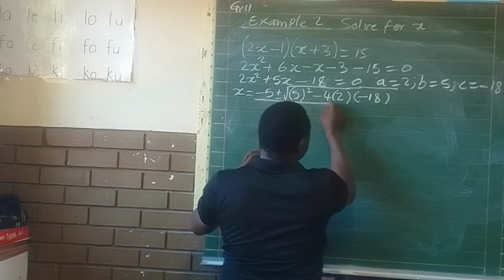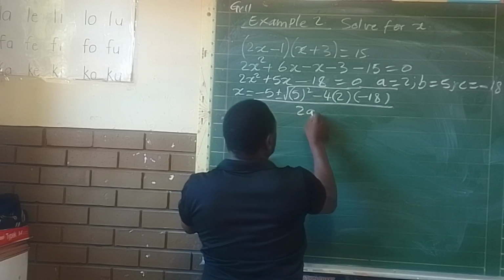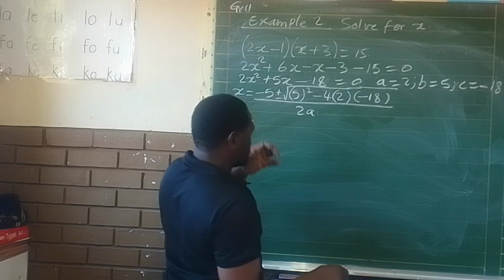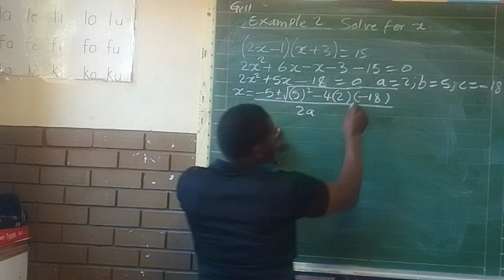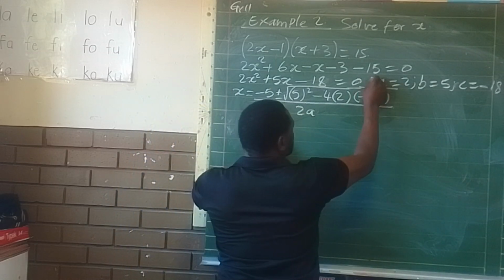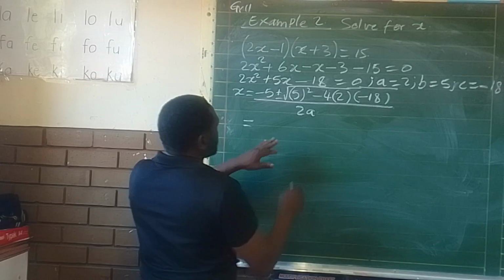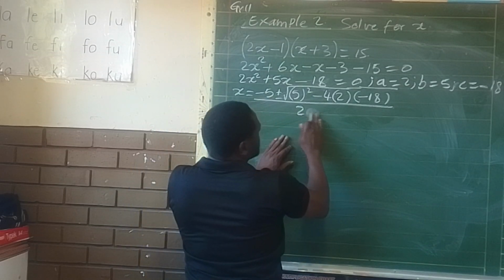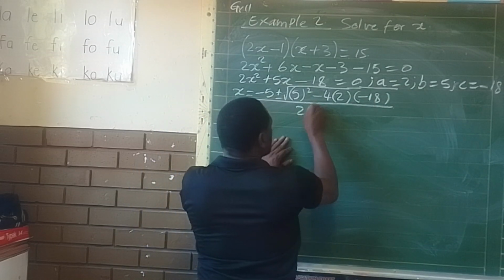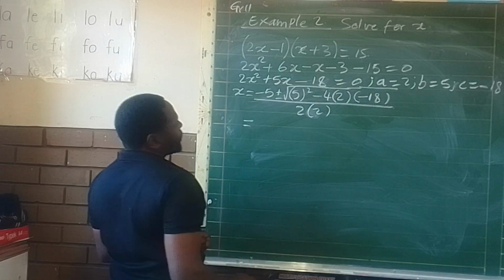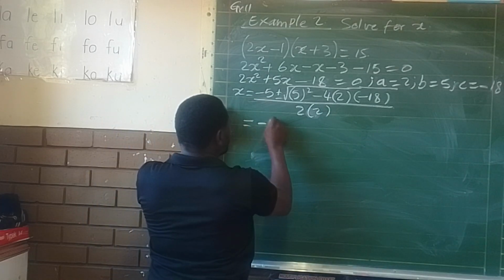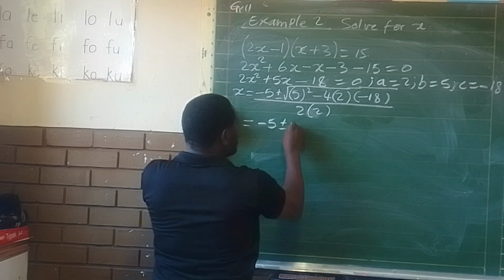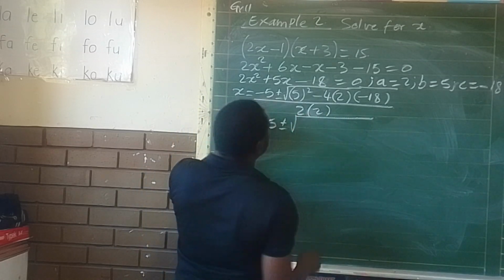All over 2a. Right? And then your a here is 2. Then this is 2. Now you have your minus 5 plus minus. Now you grab your calculator.